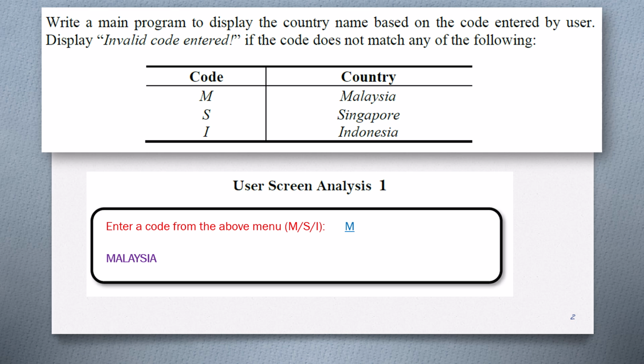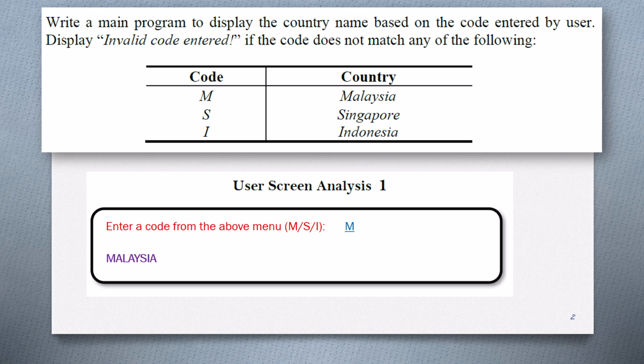So here is the screen analysis. You can see here, this is what the user is expected to see. So when we execute this program, first enter a code from the above menu.